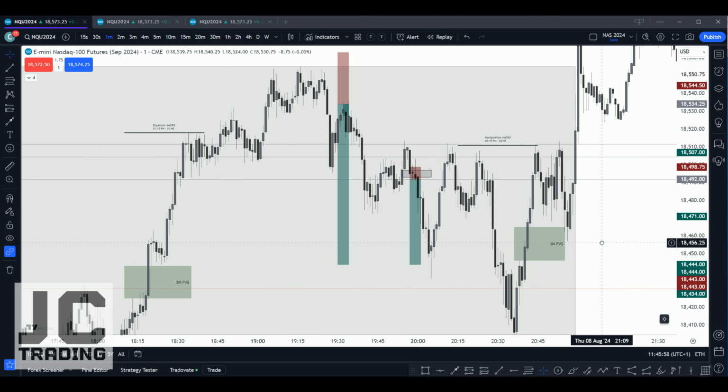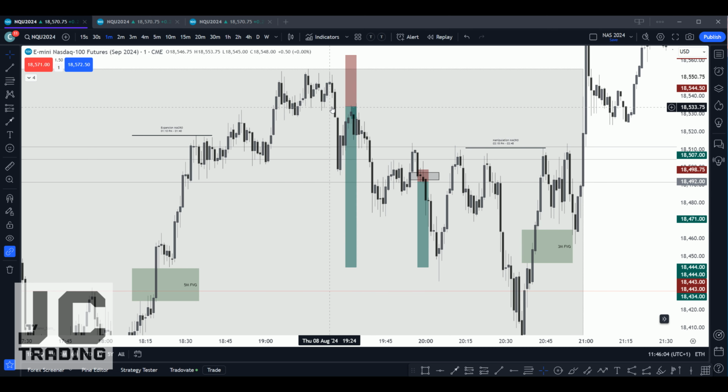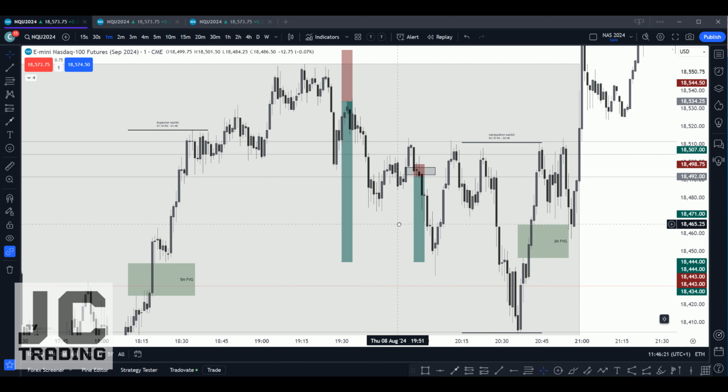So what's the first thing that we're waiting for? A sweep of liquidity. We know from the earlier liquidity video that there will be liquidity residing above here. This candle, or candles, came up and swept this area. So that's our sweep. The next thing we're waiting for is the FVG to be inversed.